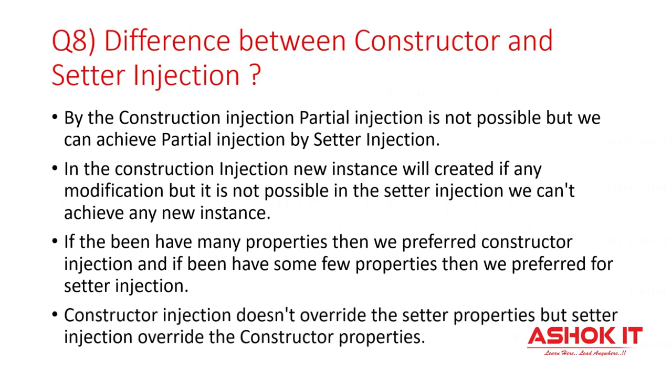If constructor injection is done, then we can modify the data by using setter injection. But we can't use constructor injection continuously to modify the existing values. So the constructor is like one per object creation.